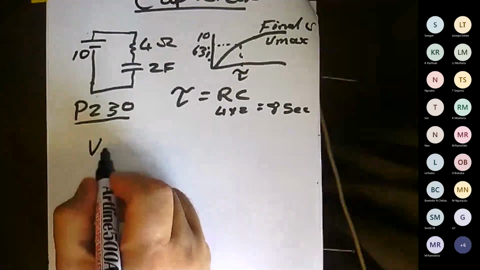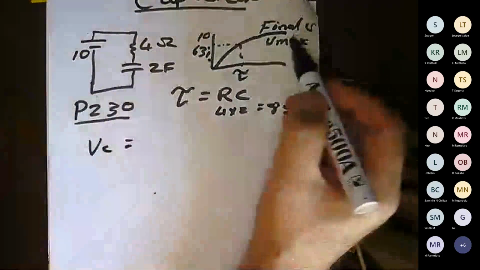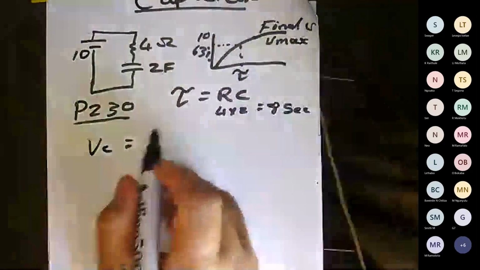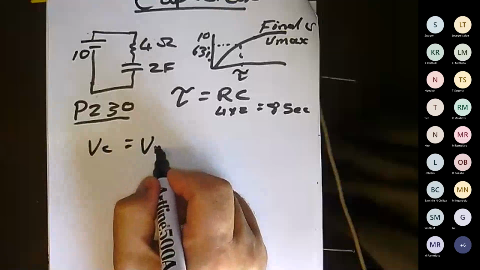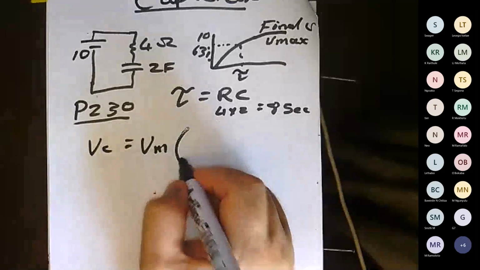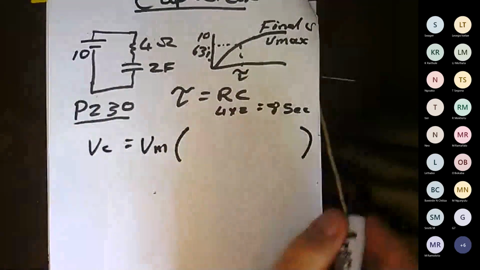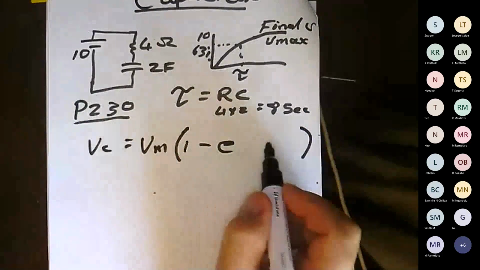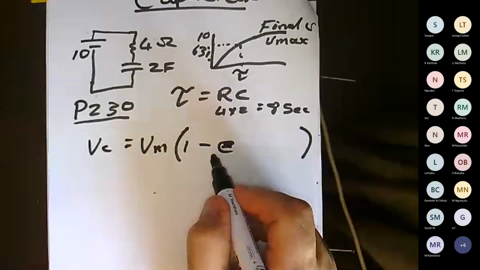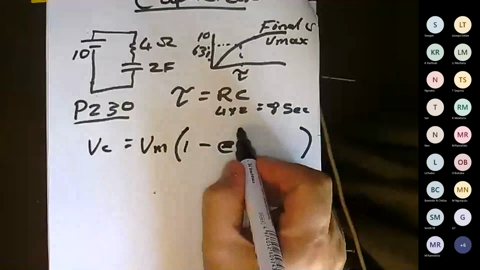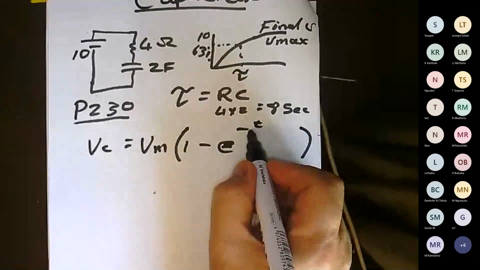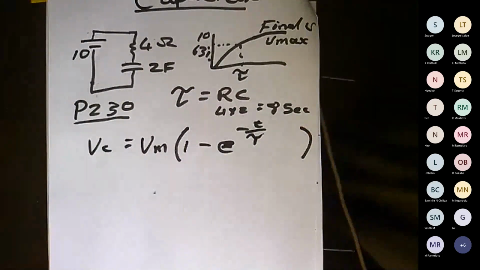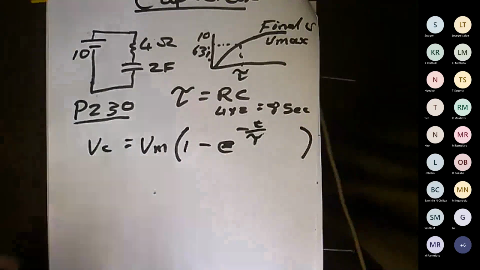The formula for V charge is VC equals V max, which is that 10 volts there, the final value, times, in brackets, 1 minus E to the power minus T over tau. And there you are, a very simple formula.